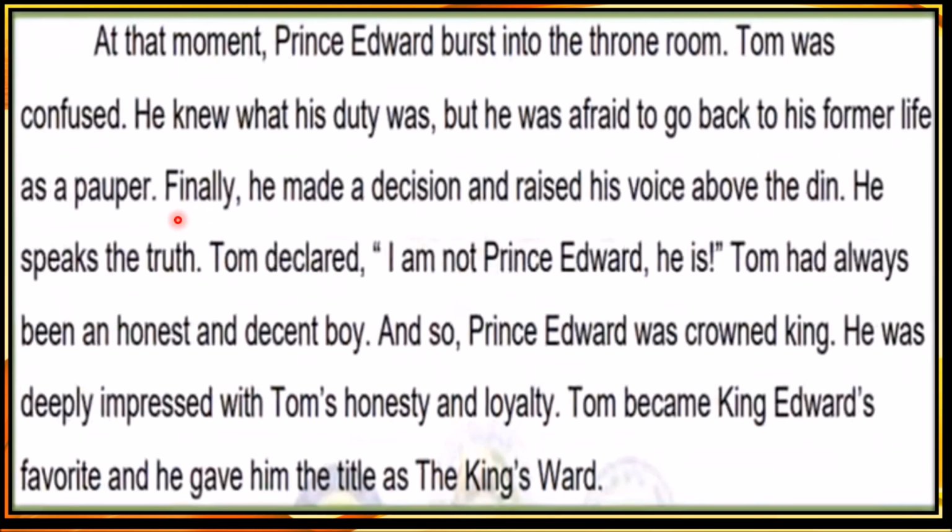Finally, he made a decision and raised his voice above the din. "He speaks the truth," Tom declared. "I am not Prince Edward. He is." Tom had always been an honest and decent boy, and so Prince Edward was crowned king. He was deeply impressed with Tom's honesty and loyalty. Tom became King Edward's favorite, and he gave him the title of the King's Ward.